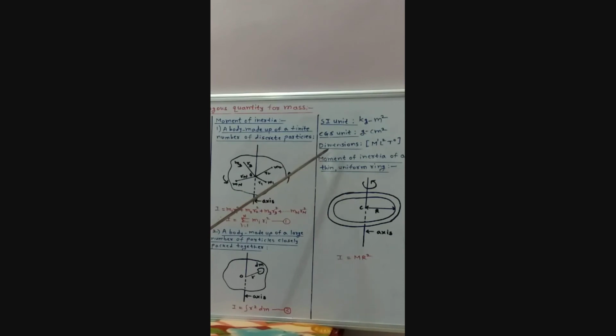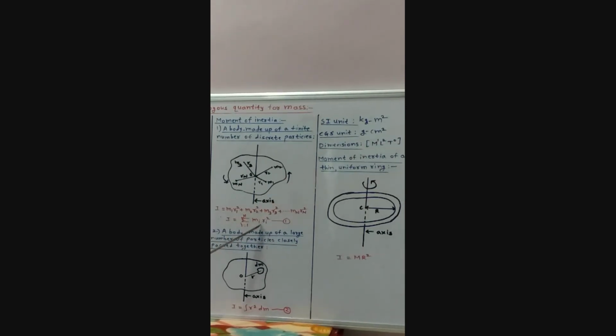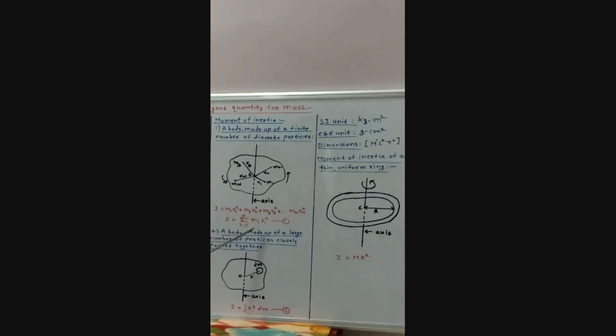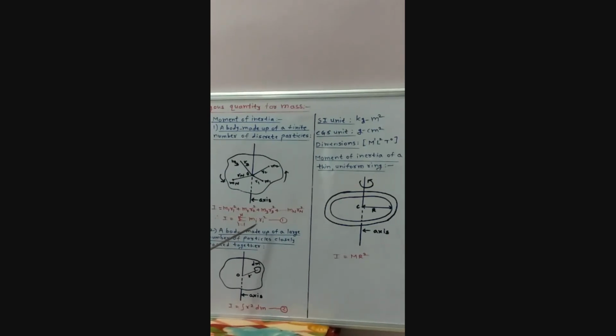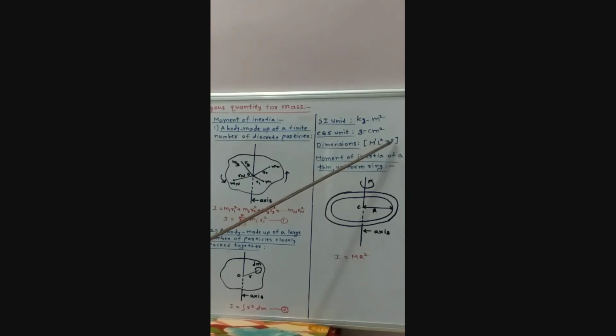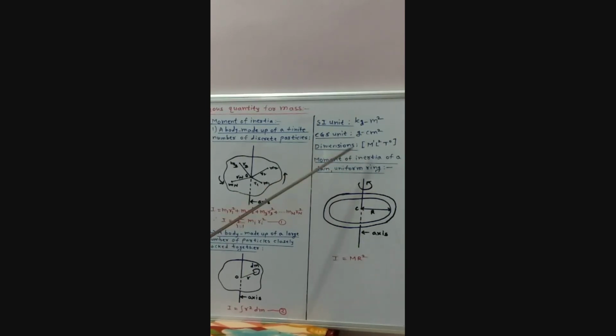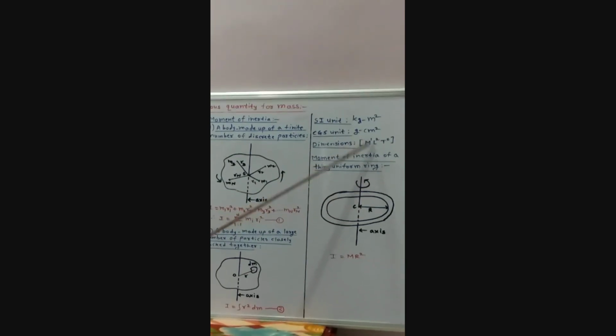And the dimensional formula for the moment of inertia is M raised to 1, since the power of mass is 1, L raised to 2, since the power of distance is 2, and this expression does not contain the term time, and hence the power of fundamental unit capital T is 0. The dimensional formula for the moment of inertia is M raised to 1, L raised to 2, T raised to 0.